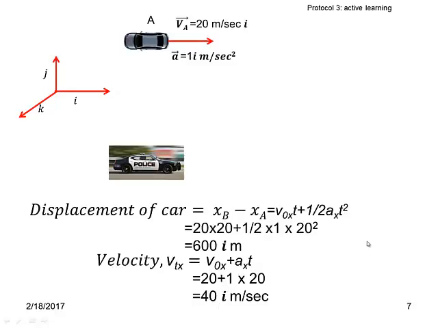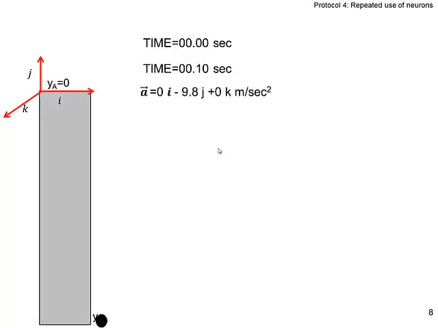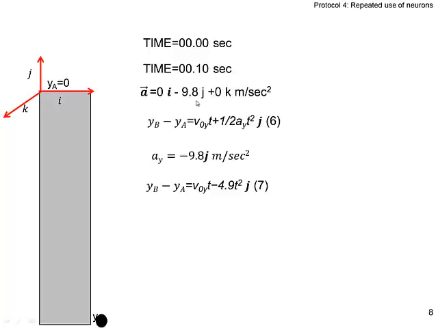Consider another problem. A ball is thrown vertically up from a tower with an initial velocity of 10j meters per second. If the ball misses the tower and hits the ground in 10 seconds, find the height of the tower. Since this is a one-dimensional motion in y direction with the constant acceleration due to gravity, the kinematic equation can be integrated twice to get an equation for displacement as equation 6.